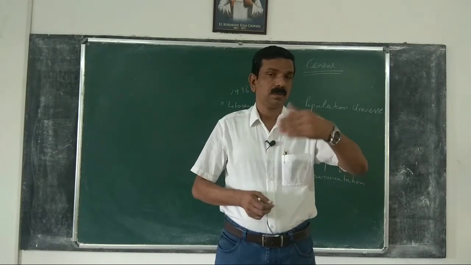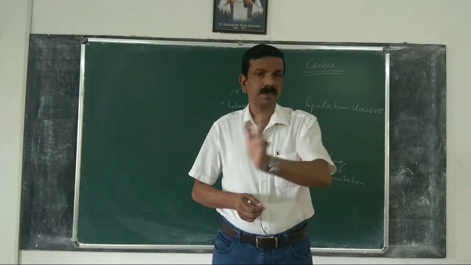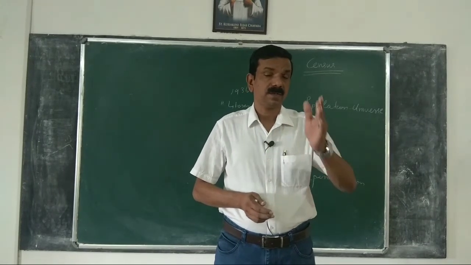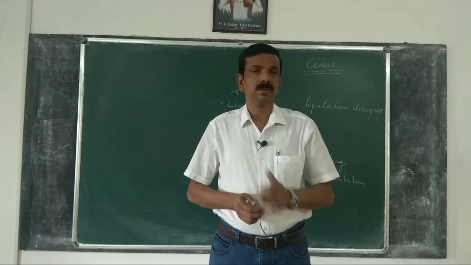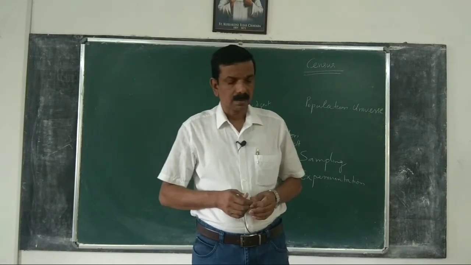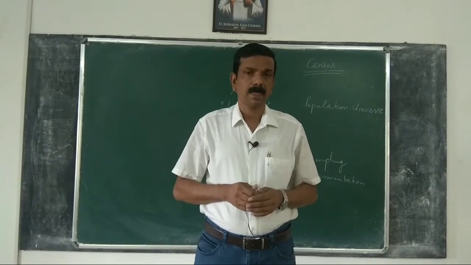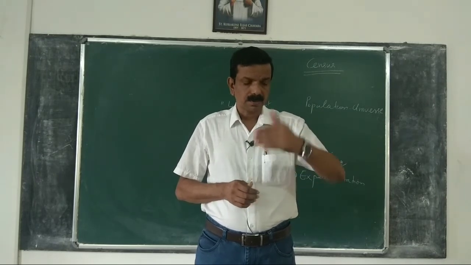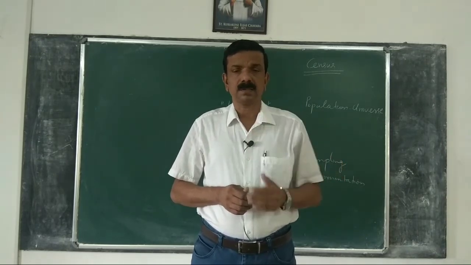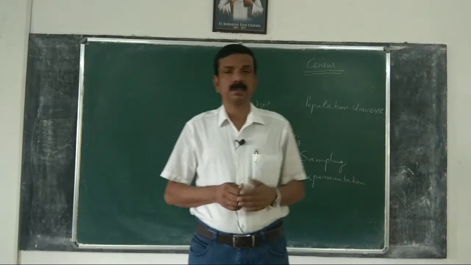So those with telephones, though they represented Republicans, were not representing the US population. That is one reason. The second one is that the response rate was very low, only 25%. And most of the responses were made by the Republicans, Landon supporters.